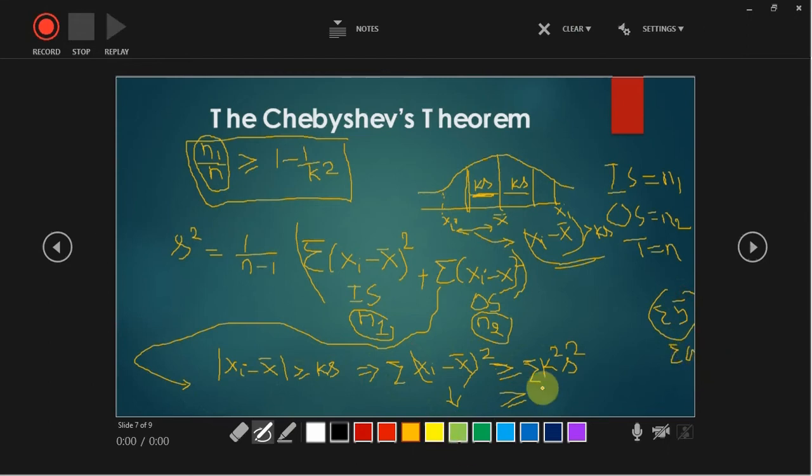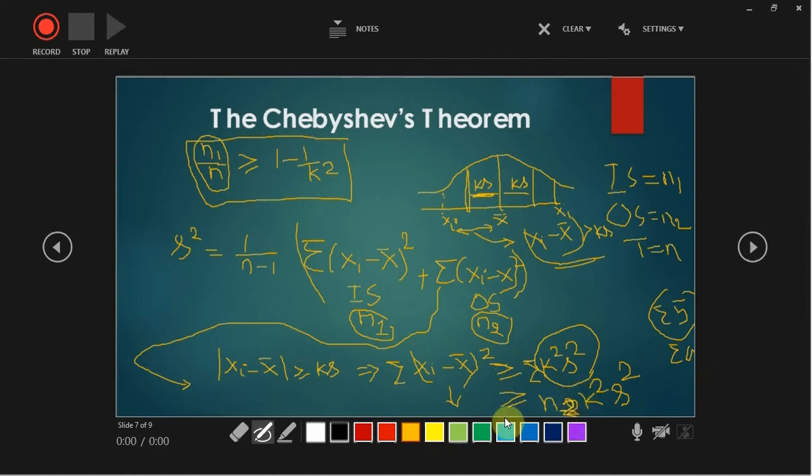We are adding the constant k squared s squared, and this becomes n2 k squared s squared. It is because there are only n2 observations outside the range, so this is summed over n2 observations only. So this becomes n2 k squared s squared.